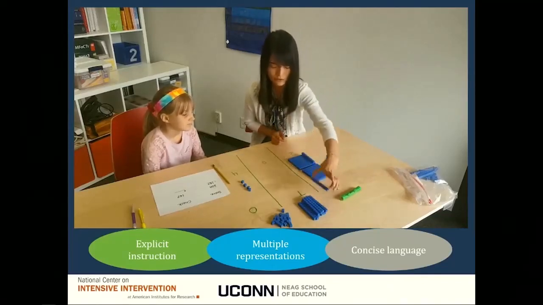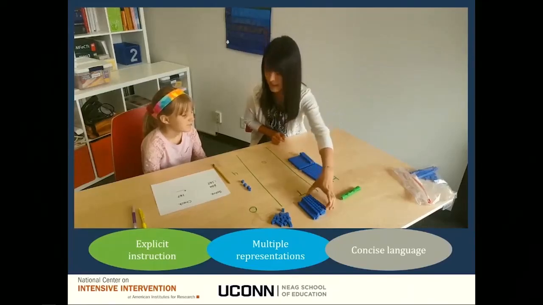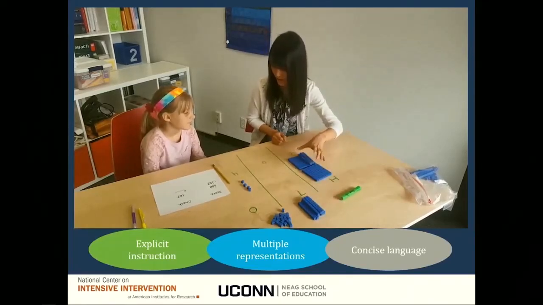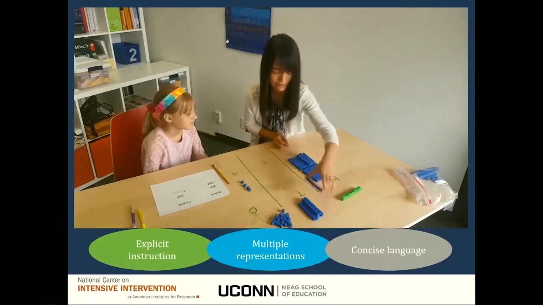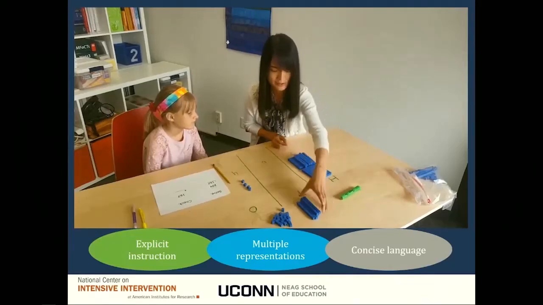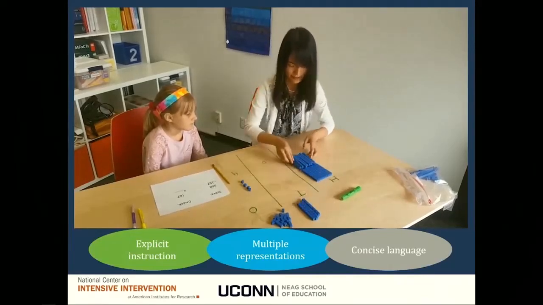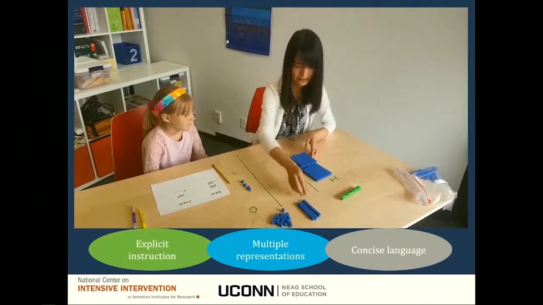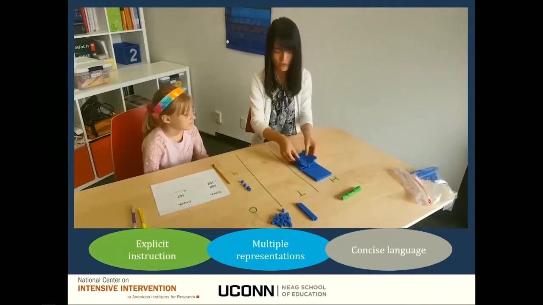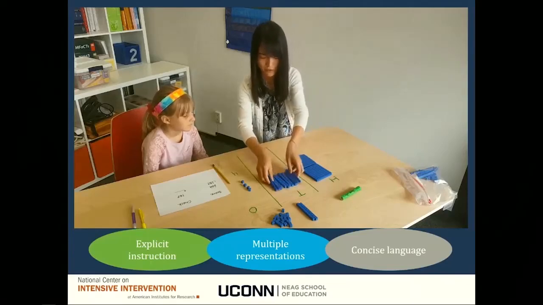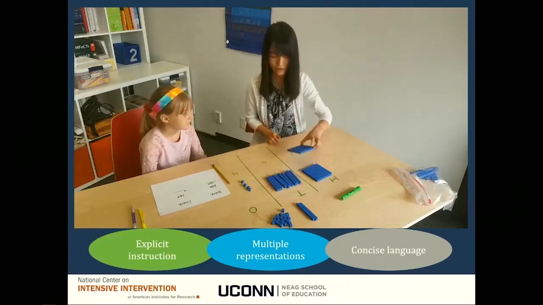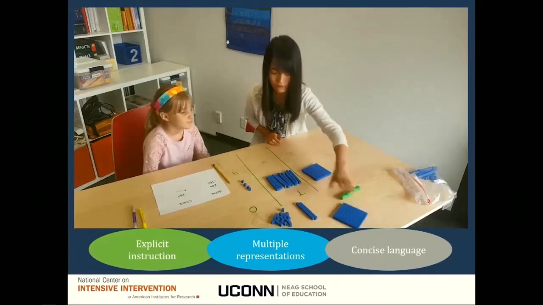Do you remember we said how many tens are there in 100? 10 tens. Good. So 1, 2, 3, 4, 5, 6, 7, 8, 9, 10. So we can exchange 100 for 10 tens, right? So we exchanged 100 for 10 tens.